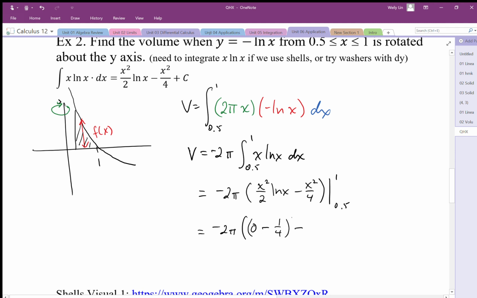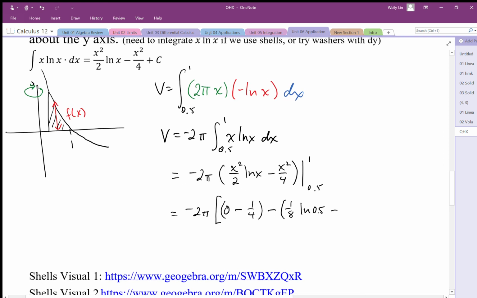That's my upper bound. Plugging in my lower bound, I'm going to get 1/4, so 1/2 squared divided by 2 is 1/4 divided by 2, so it's going to be 1/8 log of 0.5, minus, if I plug that in there, 1 over 16.